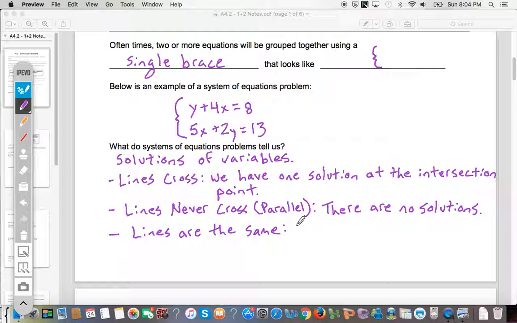At every single location they are intersecting. Okay? So this tells us that there are infinitely many solutions. Okay, pause the video if you need more time.